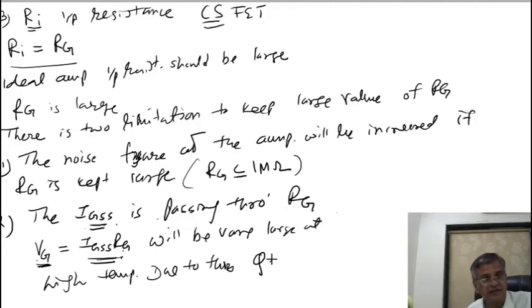Due to this, the operating point, also called the Q point or Quiescent point, will shift.